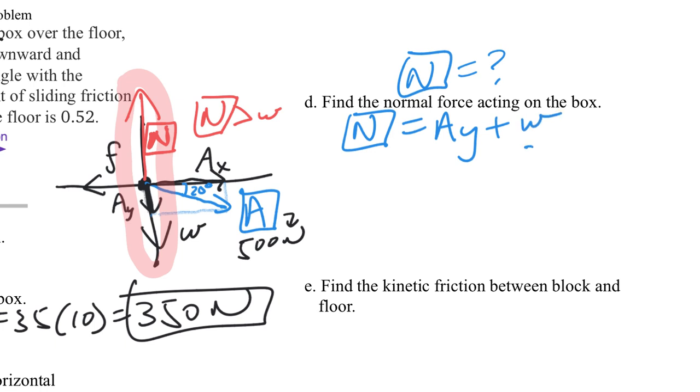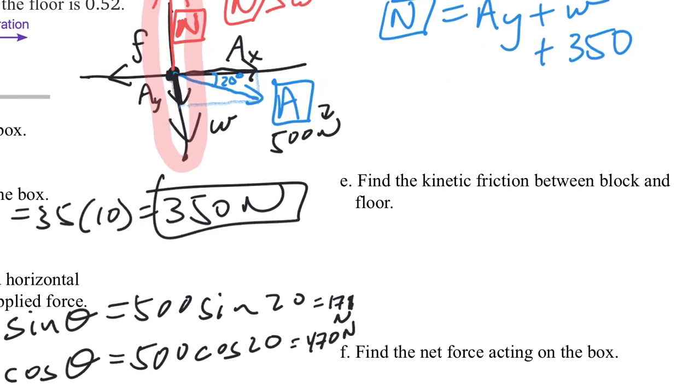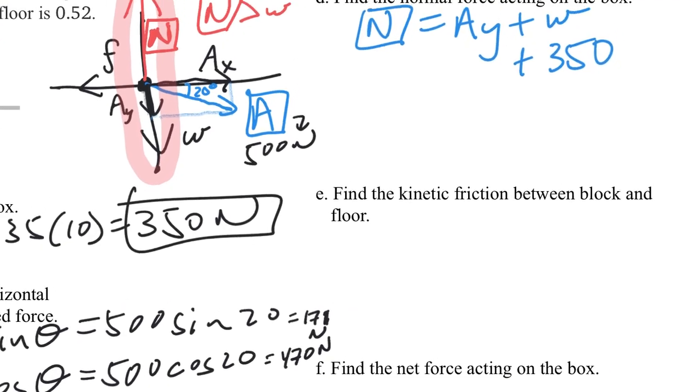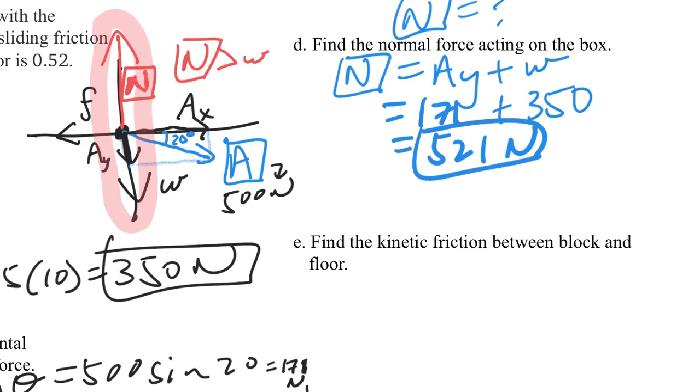Okay, the weight's 350. The AY is 171. So you get 521 newtons. So look, 521 is bigger than 350 because someone's pushing down on you at some angle.